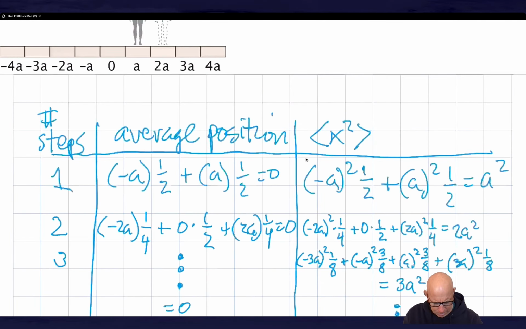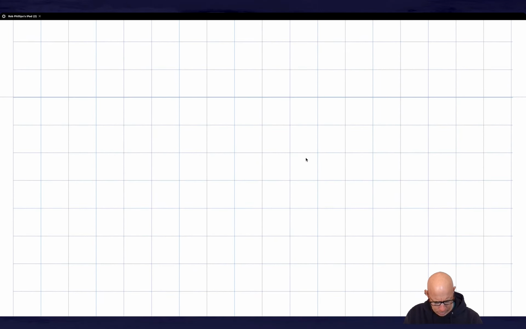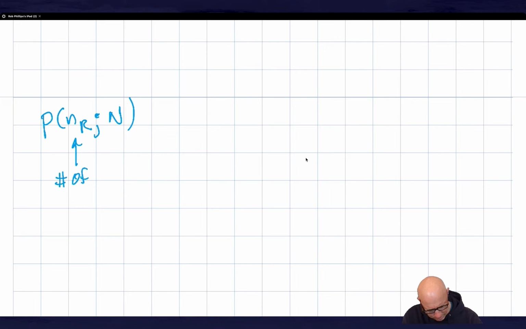Maybe what I should do is just foreshadow the probability of getting nr steps to the right given n coin flips. So this is the number of right steps, and this is the total number of steps.